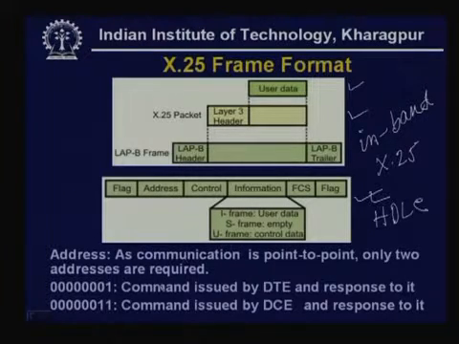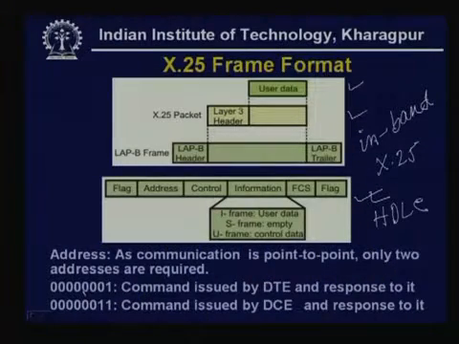And one point you should notice, here it is essentially a point-to-point communication. So, you do not really require many addresses, only two addresses are used, as you can see here, 00000001 and 00000011. The address 00000001 is used when a command is issued by the DTE and for the response to it.